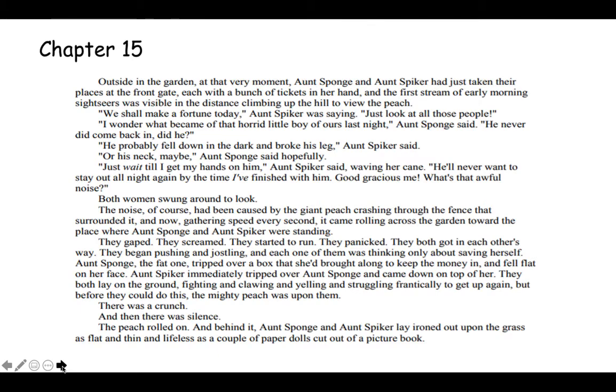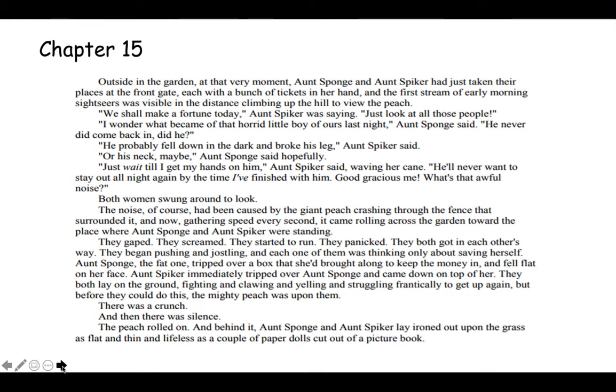The noise, of course, had been caused by the giant peach crushing through the fence that surrounded it, and now, gathering speed every second, it came rolling across the garden towards the place where Aunt Sponge and Aunt Spiker were standing. They gaped, they looked up with wonder, with their mouths open. They screamed, they started to run, they panicked, they both got in each other's way.